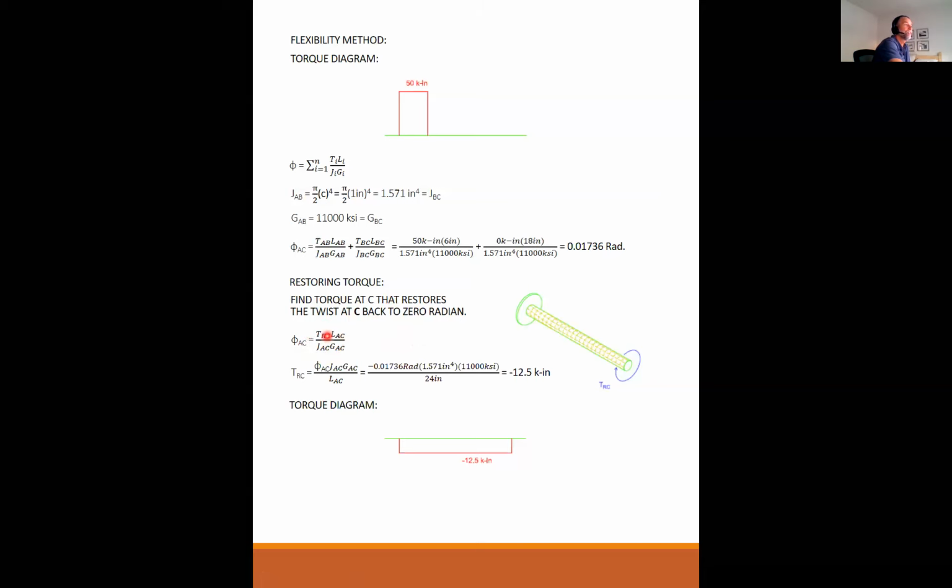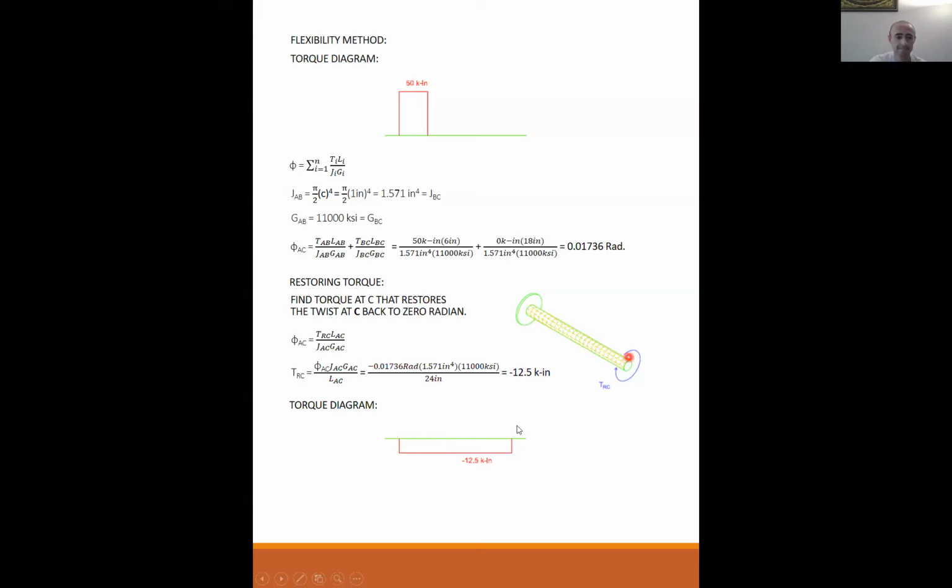Then you just factor TRC out and solve for TRC. That's a great question. Because the torque is still going to be constant, but the properties don't necessarily need to be constant. Did I answer your question? Yes, of course. Thank you.